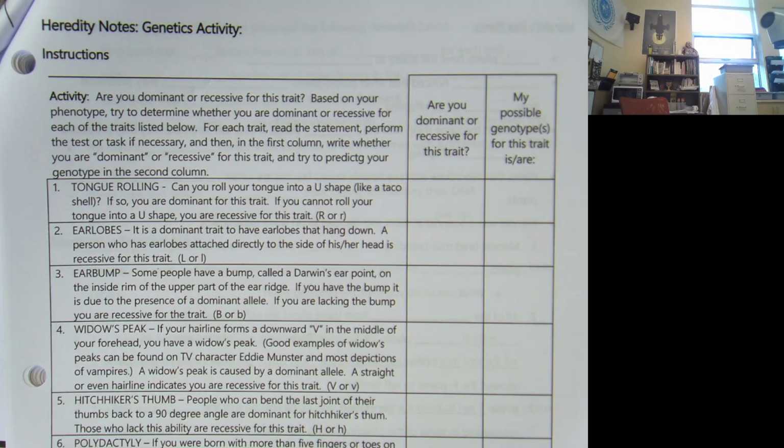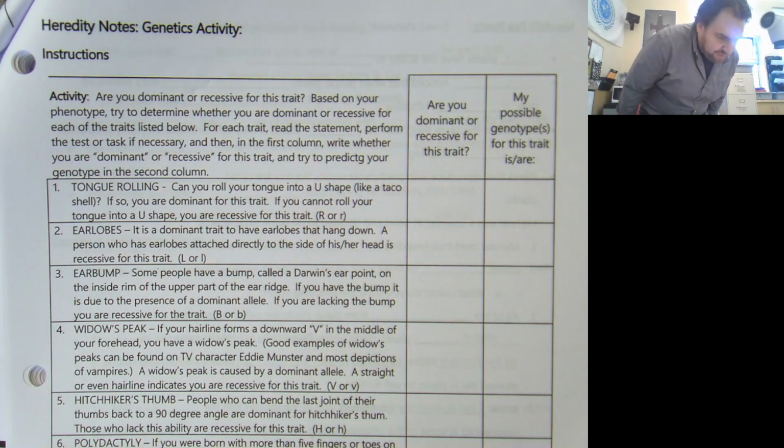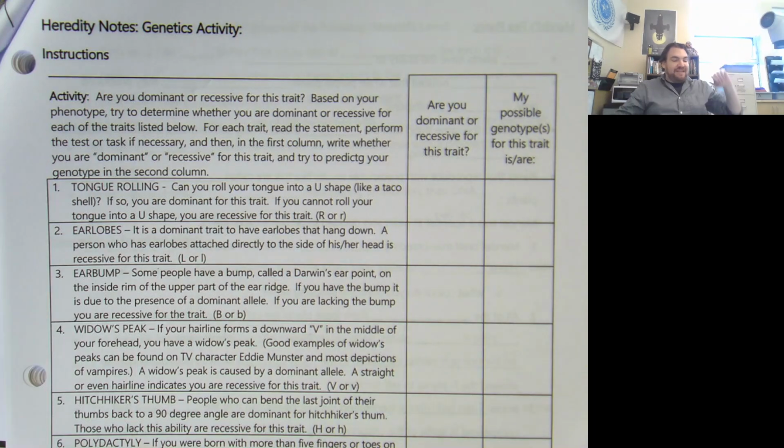Sometimes some people have it really obvious, like that bump there. But for some people, they don't. Like in some of you guys, it looks like you have it on one ear and not the other. If you're unsure but think you might have it on one ear, then let's say you do. And we would say, okay, if you are lacking the bump, you are recessive. If you have the bump, it is a dominant trait.